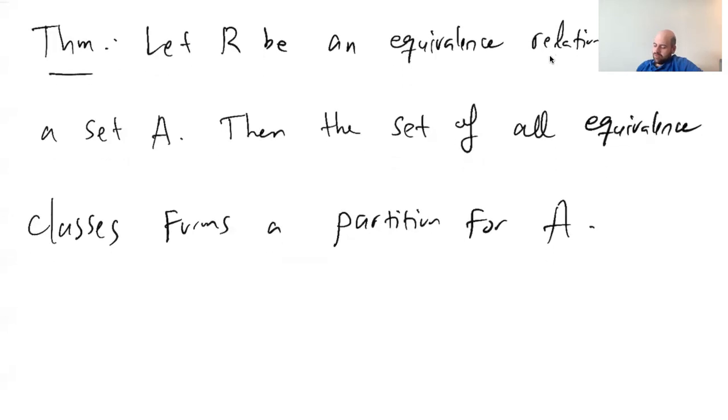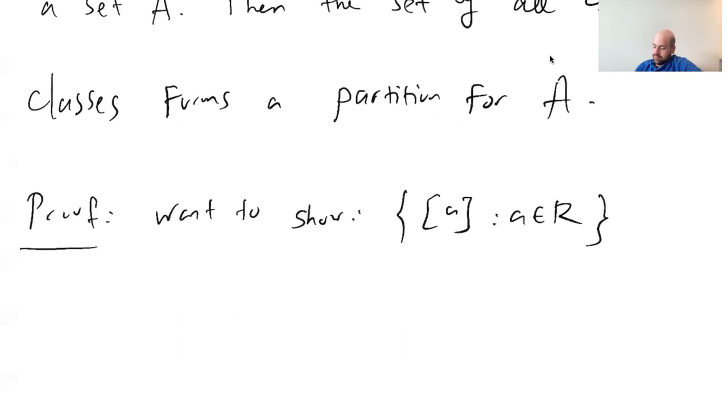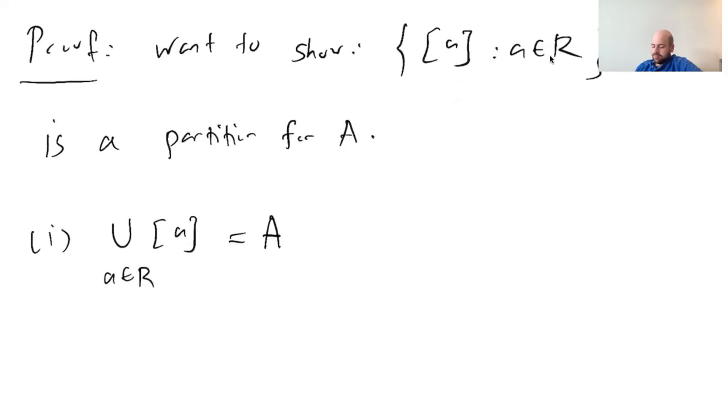Okay, now if you want to prove this, we want to show that this collection of equivalence classes, where a belongs to A, is a partition for A. So first, the union of all these equivalence classes will be the whole set A. That's the first thing.